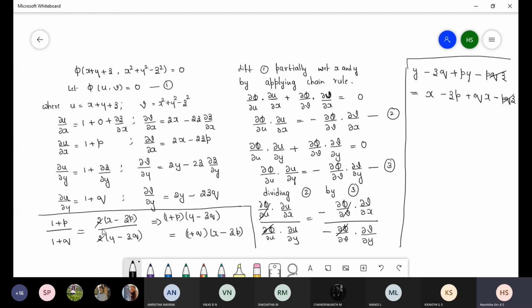Minus pqz will get cancelled. Remaining will be, I shift this y to the right side.